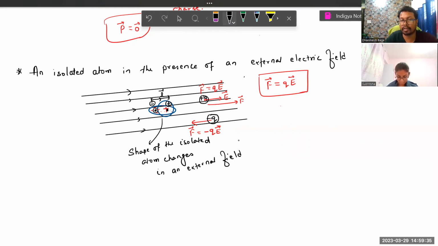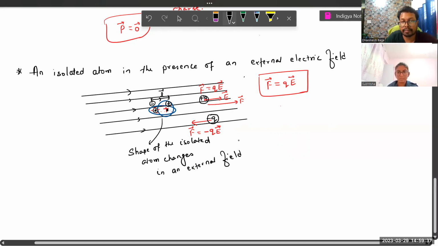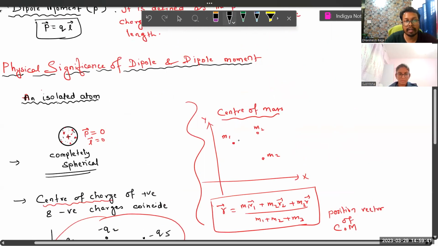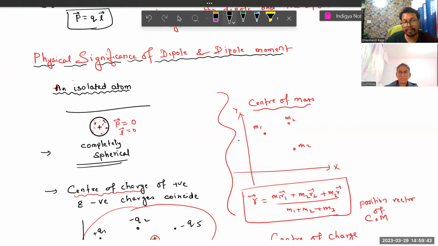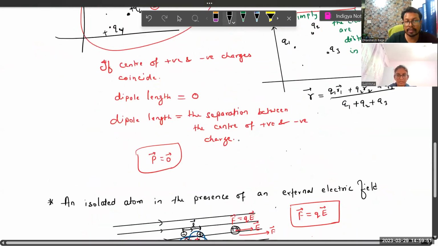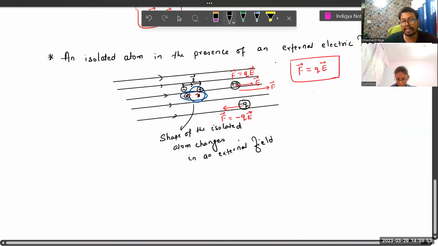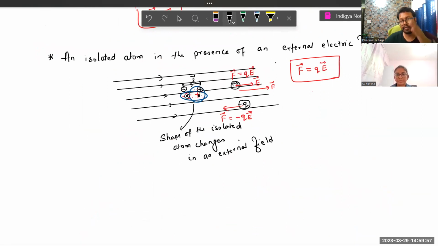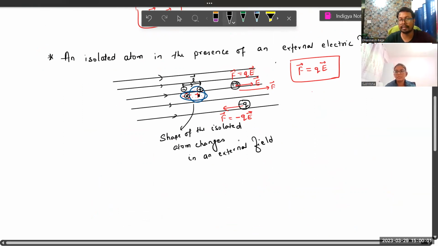This is very important. Initially, when there was no field, the centers of positive and negative charges were all at the same position. Right? There was no problem. But when you place it in an external electric field, then negative charges are pulled in a different direction and the positive and negative charges are separated from each other.